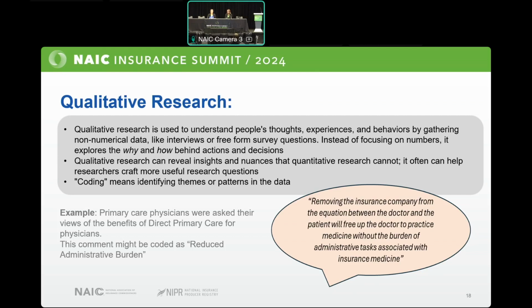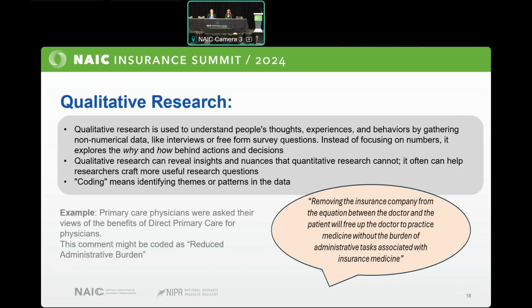And here on this slide, I have an example for you on a survey that I did that was asking primary care physicians their view of the direct primary care model. So direct primary care is when insurance is not used to pay for primary care. It's paid for directly, oftentimes like a monthly membership, like a gym membership almost.